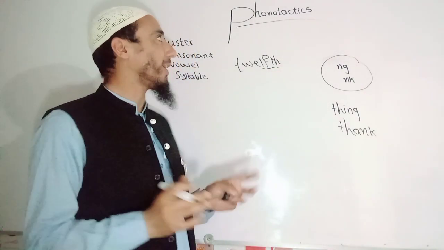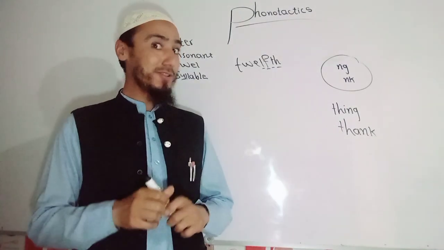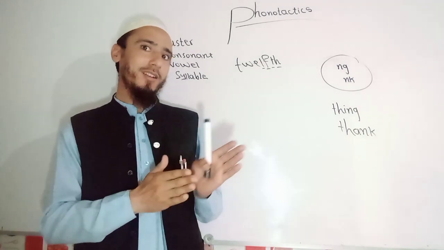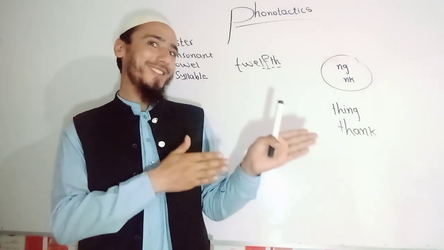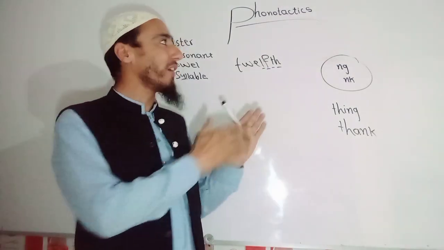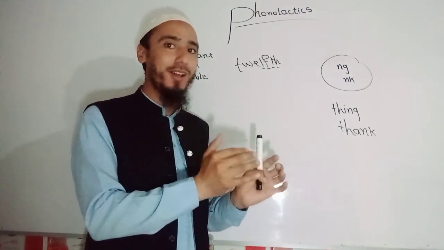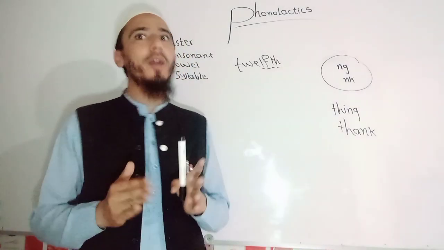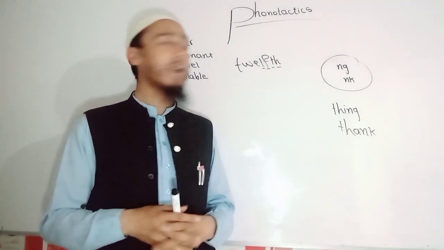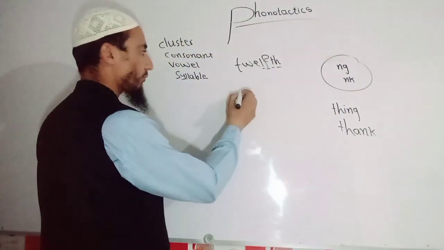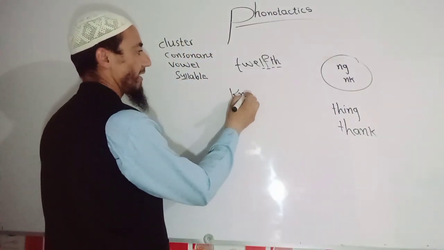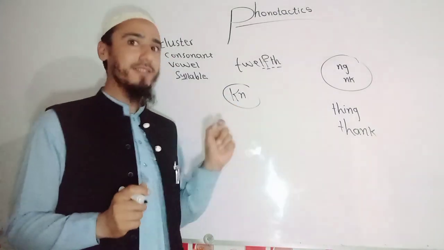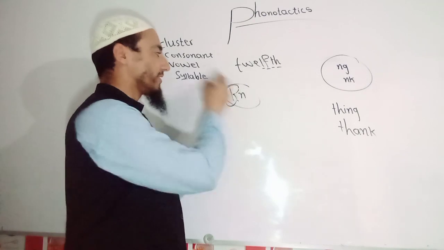So, this is all about phonotactics. There are restrictions there. If you are going against those limitations and restrictions, then you are crossing the rules of phonology and phonotactics. If you're talking about Old English, words which start with K and N sound, though it is not pronounced.